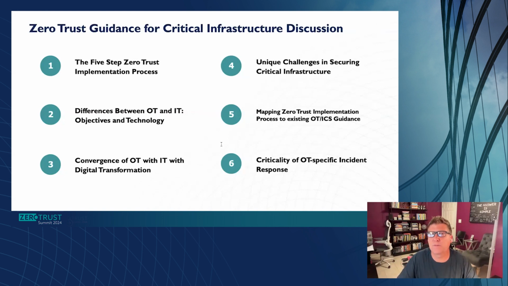Let's first talk about all those differences, and really OT being reliability and safety are paramount, right? In IT, it might be the CIA triad. In OT, it might be the AA triad, availability, as a joke.